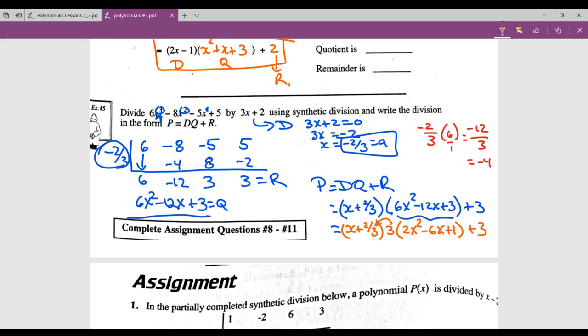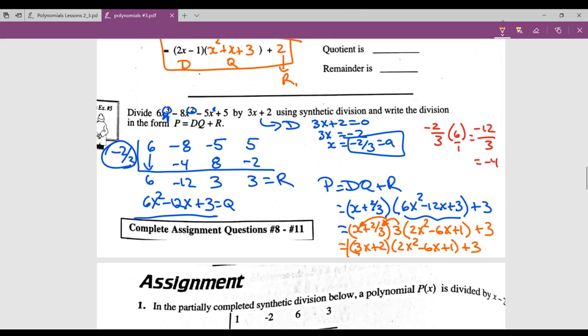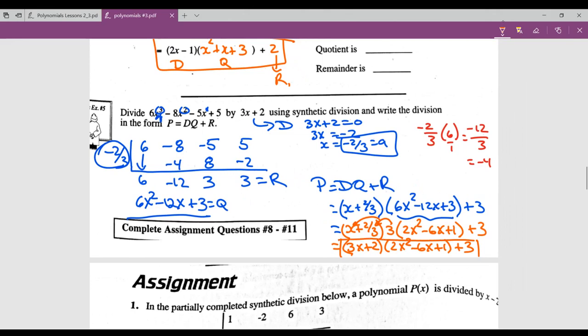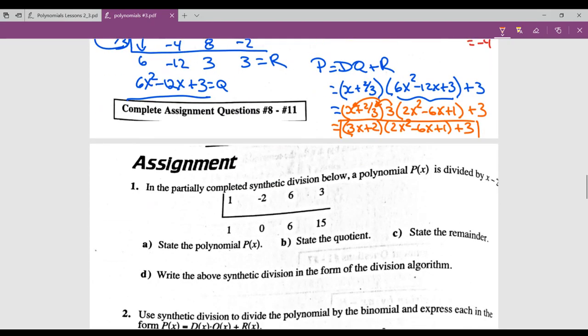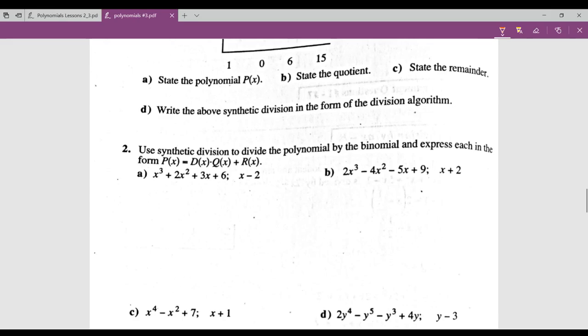And then this 3 is multiplied into x. So it's 3x plus 2, times 2x squared minus 6x plus 1, plus 3. And there you go. And that's your final answer. Sorry, I didn't really make that clear. Let me do one more example. I'll do one of the examples I'm going to assign to you.